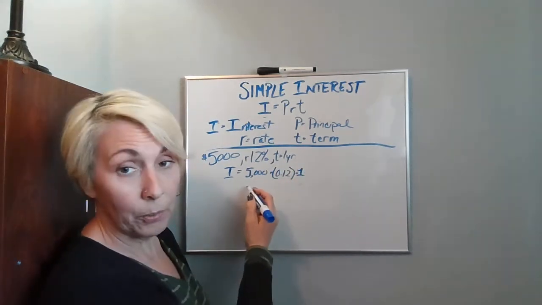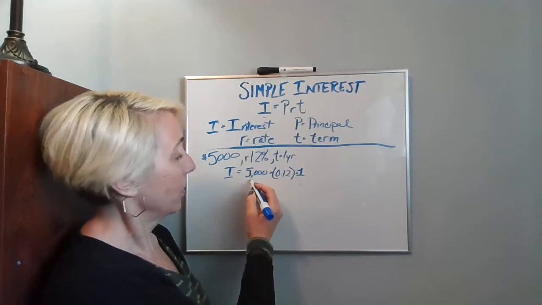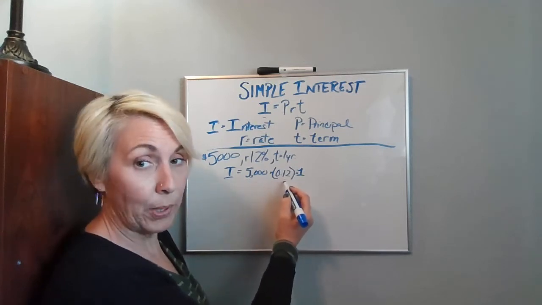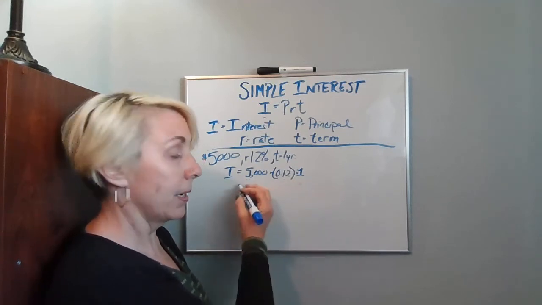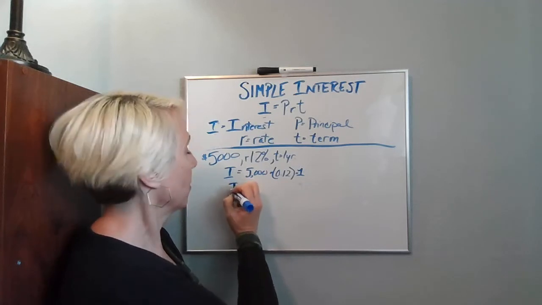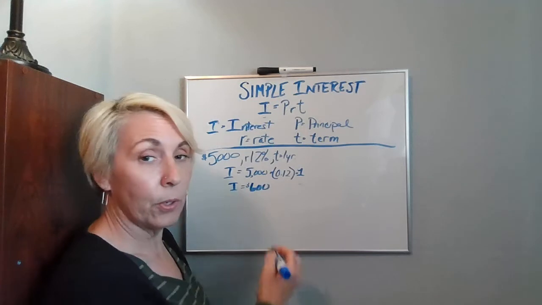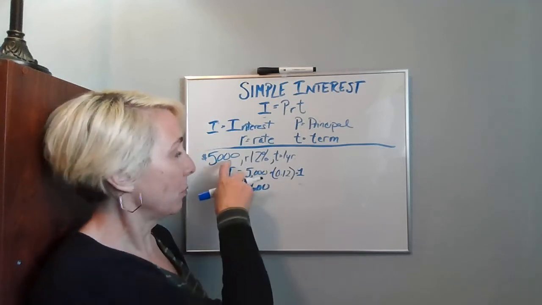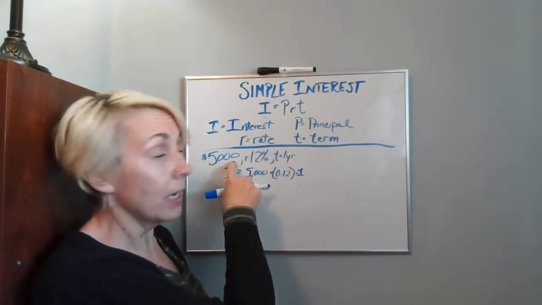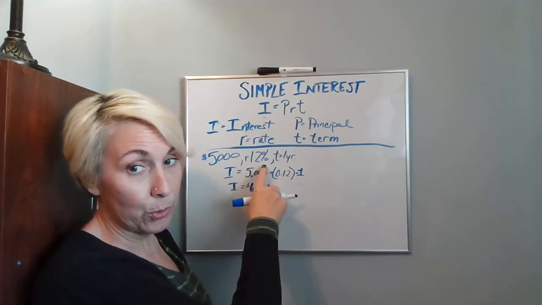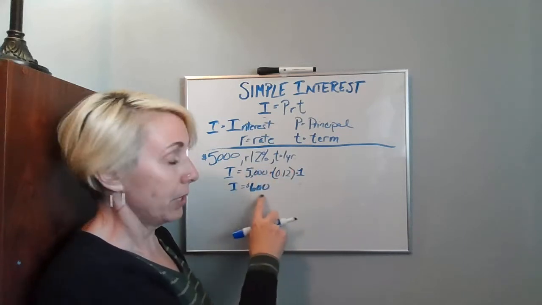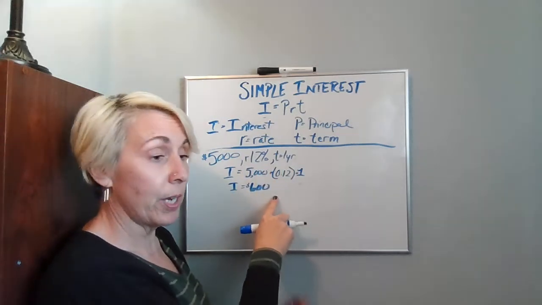So here we go, we're going to multiply through. We're going to do 5,000 times 0.12 times 1, and this will equal $600. So after 1 year in the bank, if you put $5,000 in the bank and they're giving you 12% interest, after 1 year, your interest will be $600.